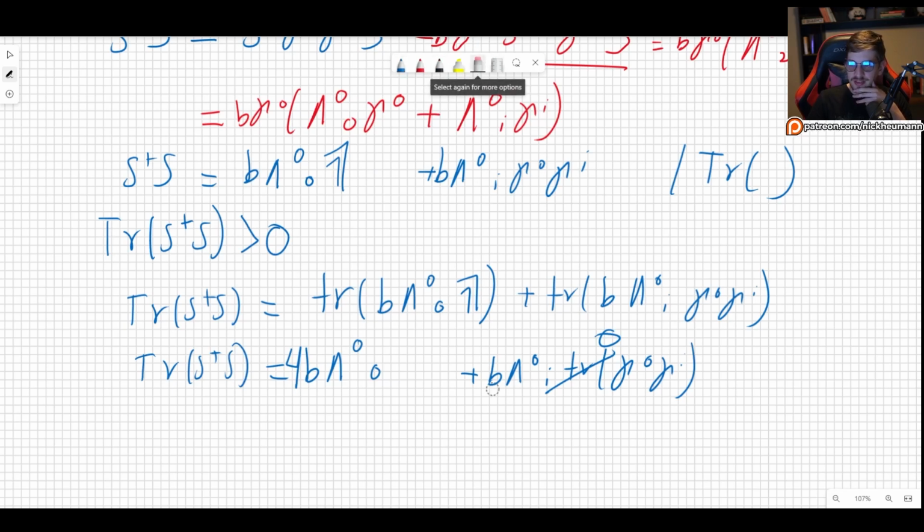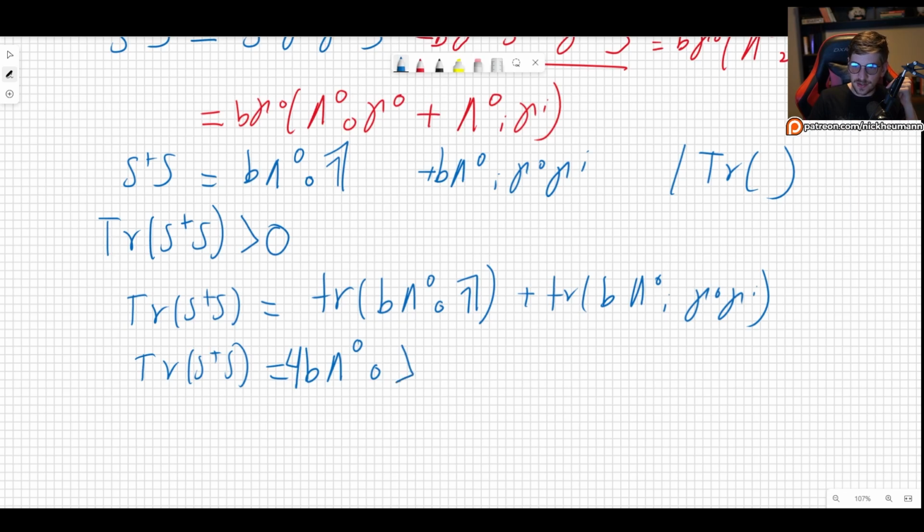And we know that the trace of S dagger S is greater than 0, which means that this here is greater than 0. So this means that either lambda 0,0 is greater or equal to 1, right? We saw that this is the orthochronous lambdas, the orthochronous Lorentz transformation, which we discussed in the previous lecture. Again, if you haven't seen that, I do recommend going to check it out.